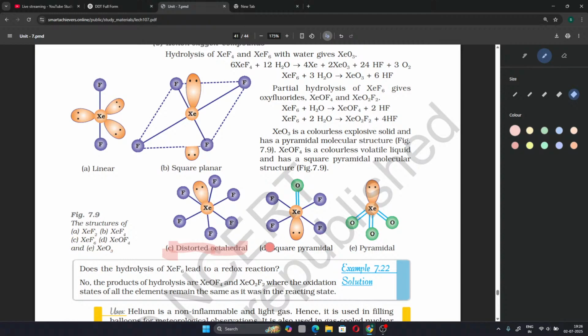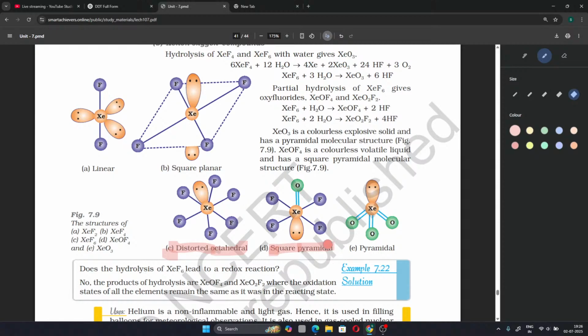And D is XeOF4. In here, oxygen is forming a double bond. Here as well, xenon has a +6 oxidation state, meaning a total of 6 electrons were used. Only 1 pair is remaining, and here it is a square pyramidal shape, octahedral geometry.